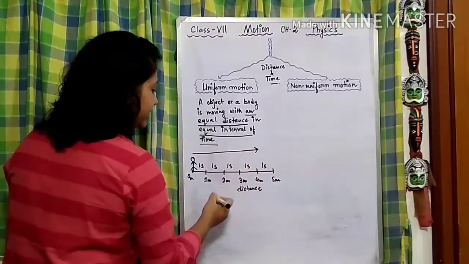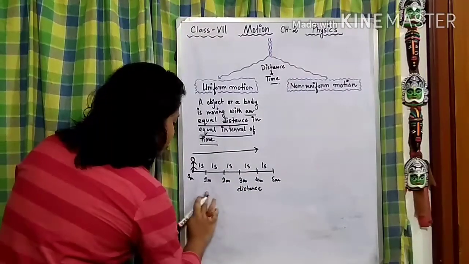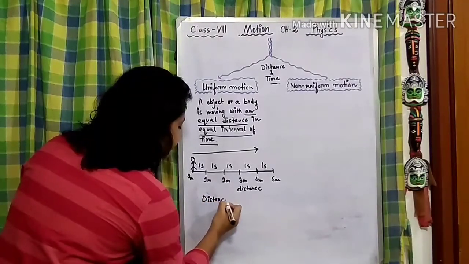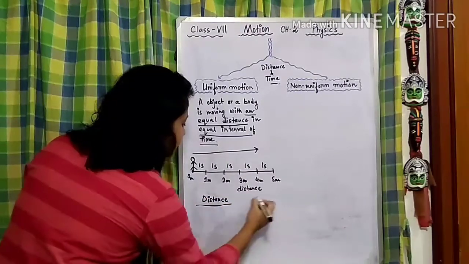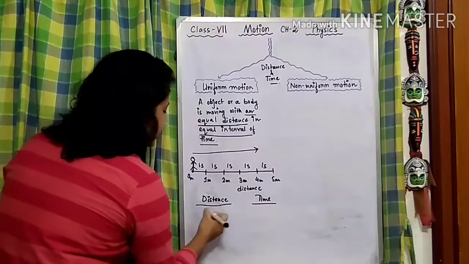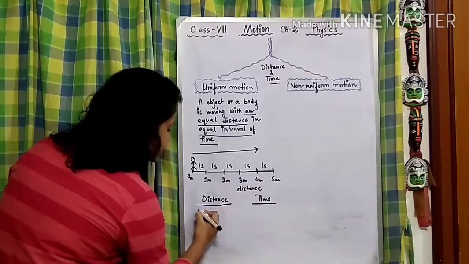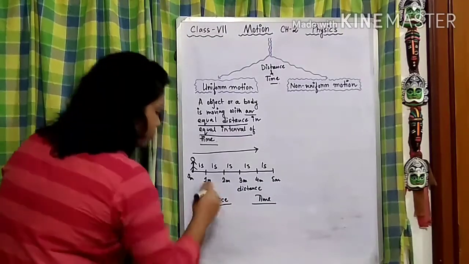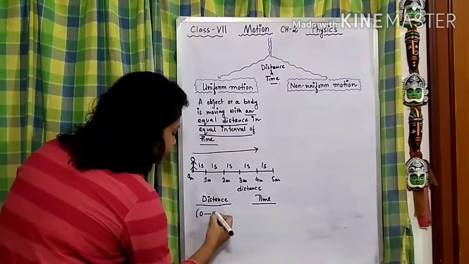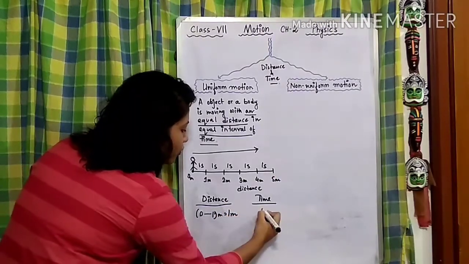So how can we say that there is a uniformity? Let's make a column of distance and time. When the person started moving from 0 to 1, he went 1 meter in 1 second.